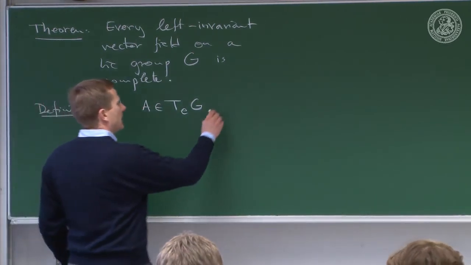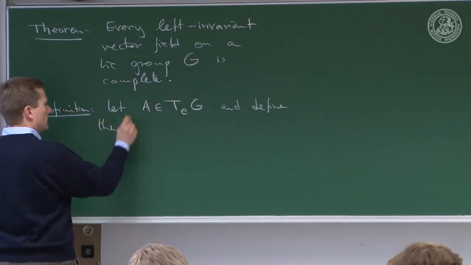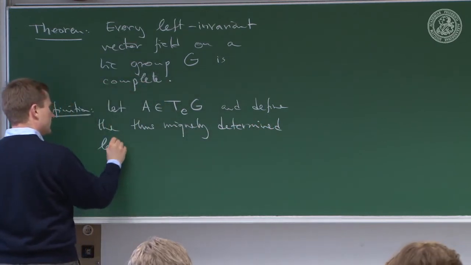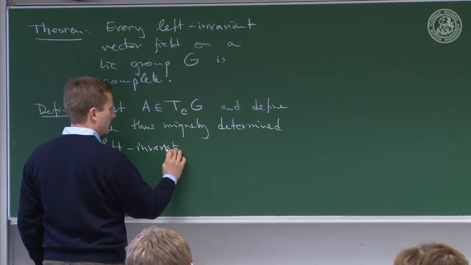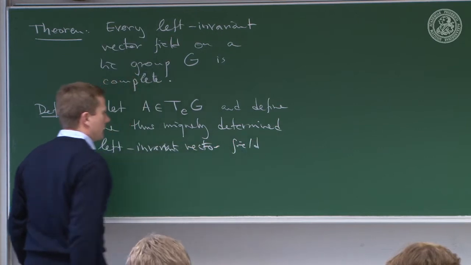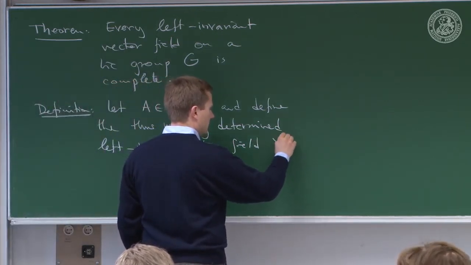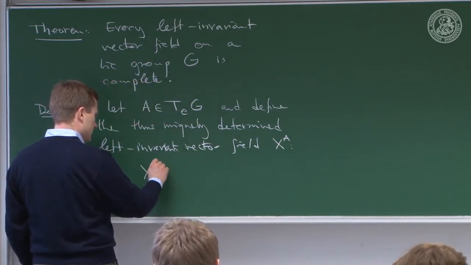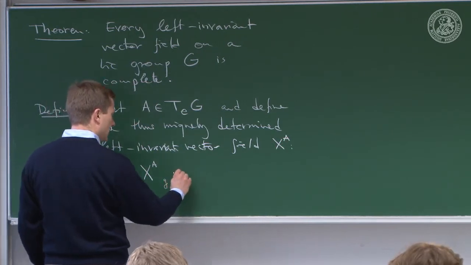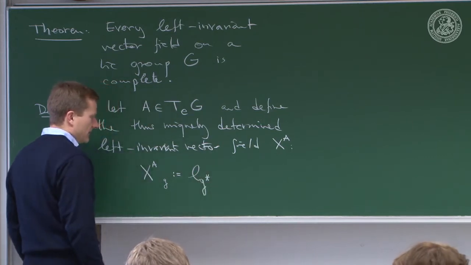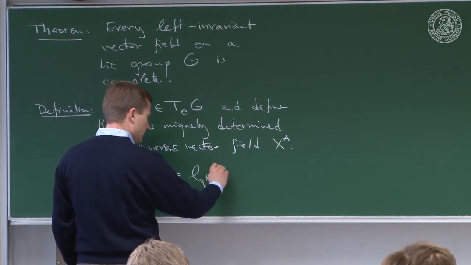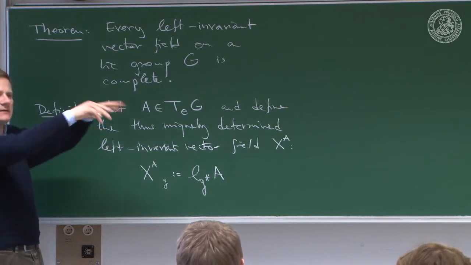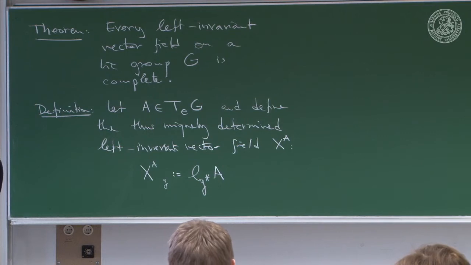Okay, let's take this and define the uniquely determined left invariant vector field, how shall we call this, X_A. Well, how was X_A defined? X_A was defined such that at the point g of the manifold, it was given by the push forward of the left translations acting on the element A that lives in the tangent space at the identity. This way we made from a single vector in the tangent space an entire left invariant vector field on the whole Lie group. Okay, let's say we do this.